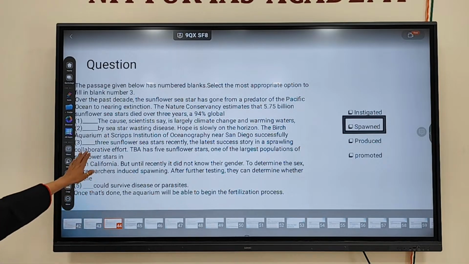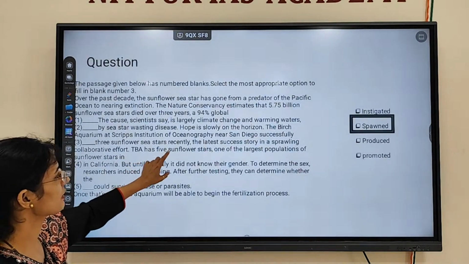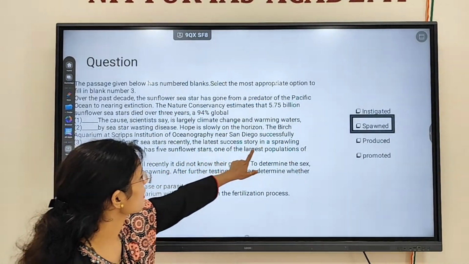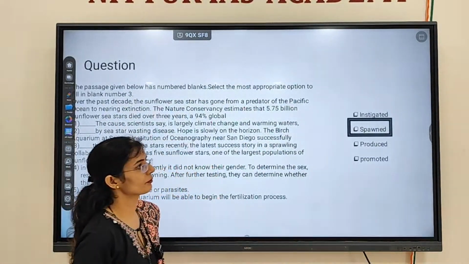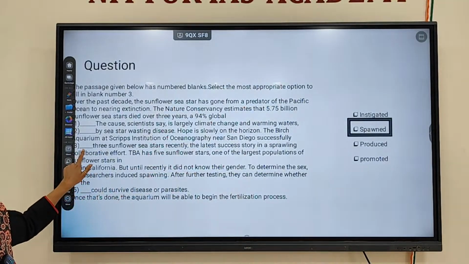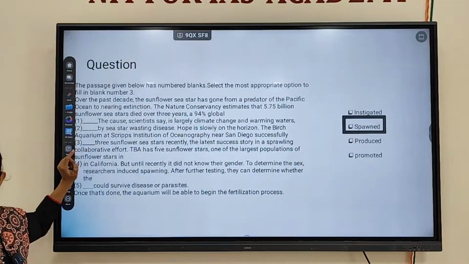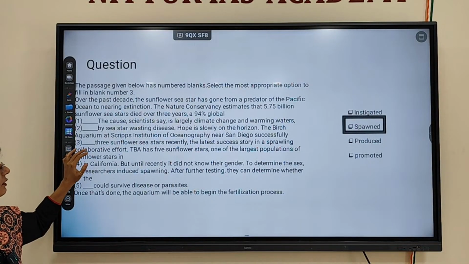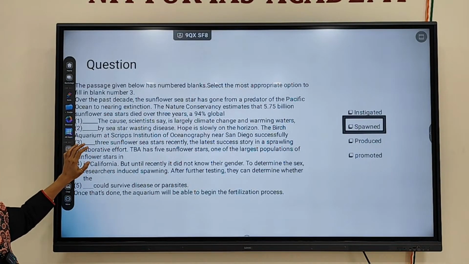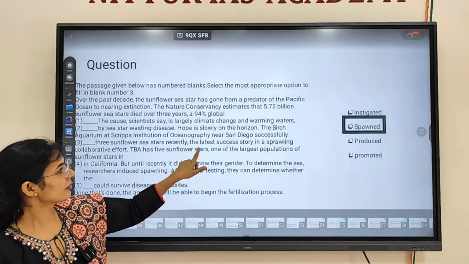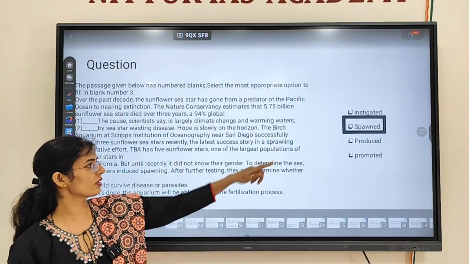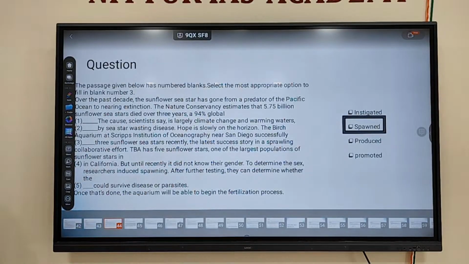Spawned the 3 sunflower sea stars recently. The latest success story in spawning. Now you got it. They've already given us the hint here. Spawned 3 sea stars recently, and that became the latest success story in spawning collaborative effort.